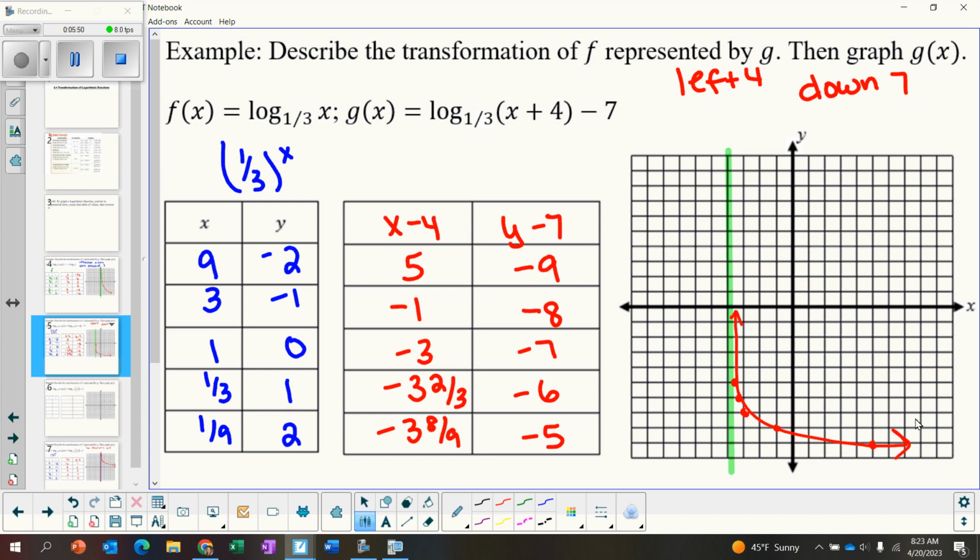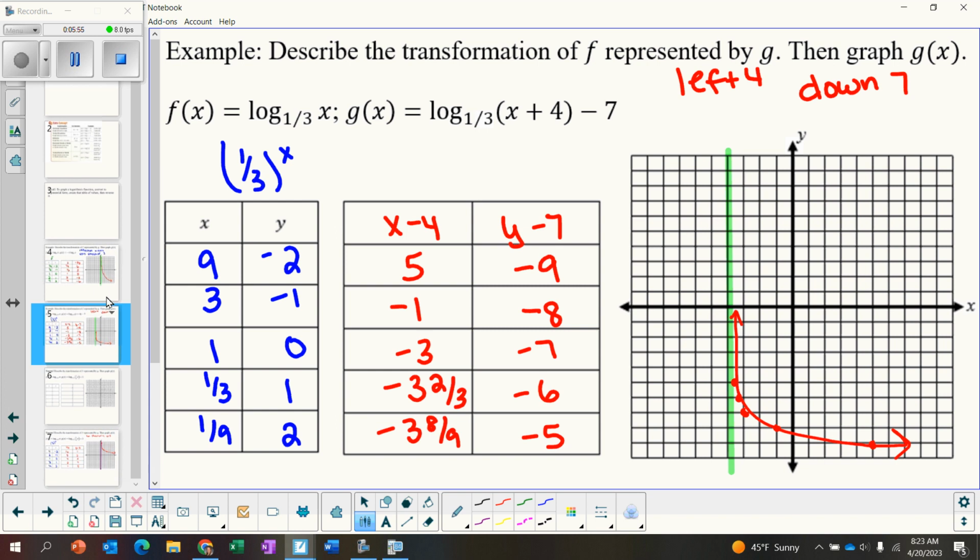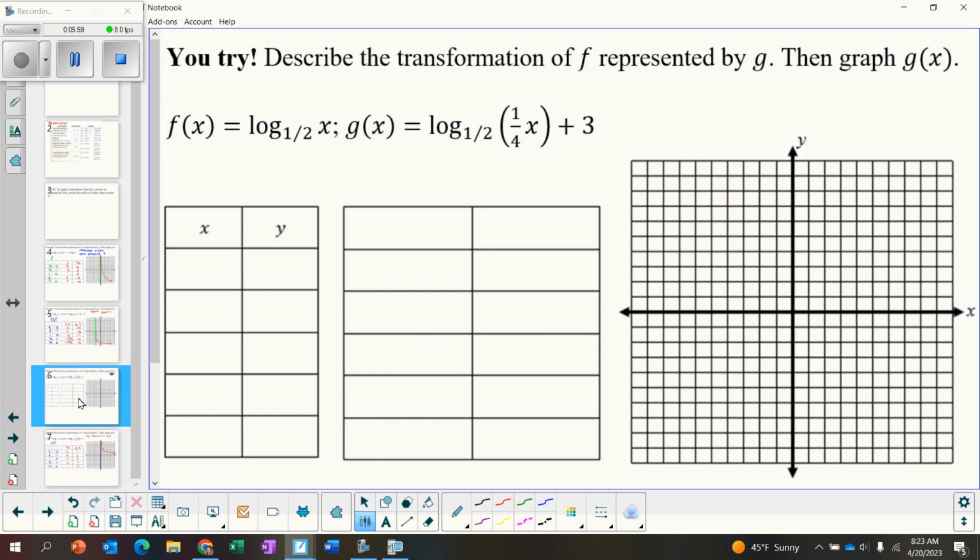All right, there we go. That's my graph. So you're going to try the last one, pause, and when you're ready to see the answer, hit play.